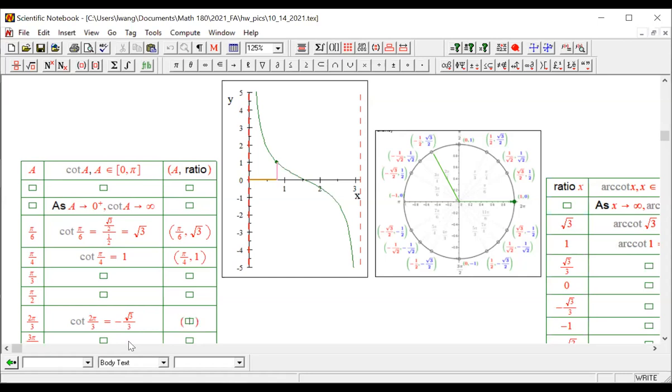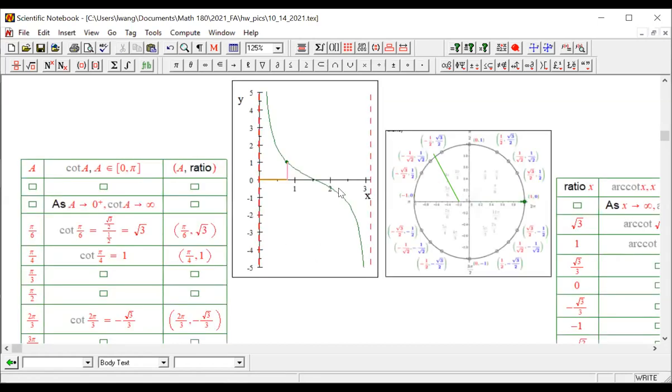So the point is going to be input 2 pi over 3. And the output is a negative √3/3. And on the picture, 2 pi over 3 is more than pi over 2.